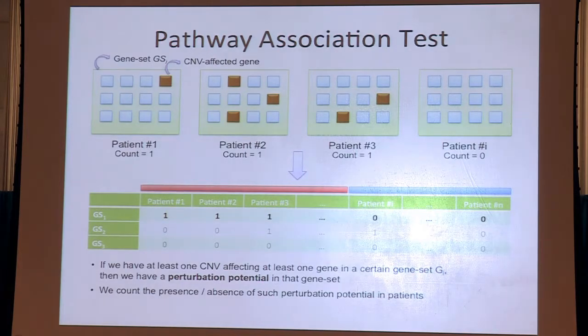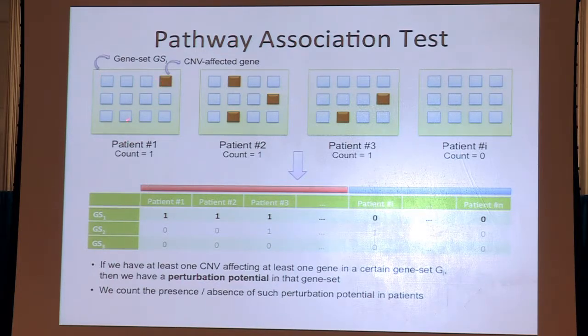So we tried what some people call a self-contained statistical test, and instead of doing a gene association, we did a pathway association. The way this worked is very simple. Each green box here represents a pathway, and each little box inside represents the genes in the pathway.